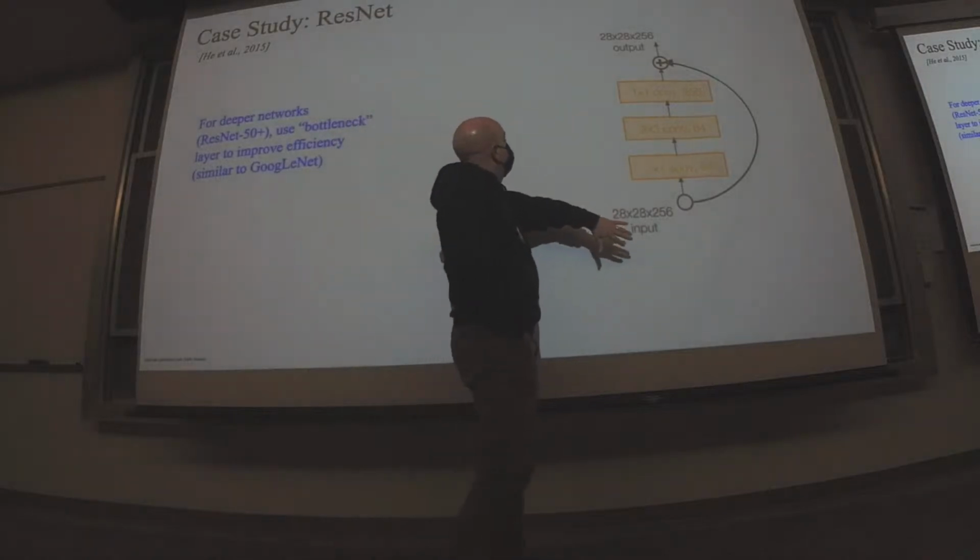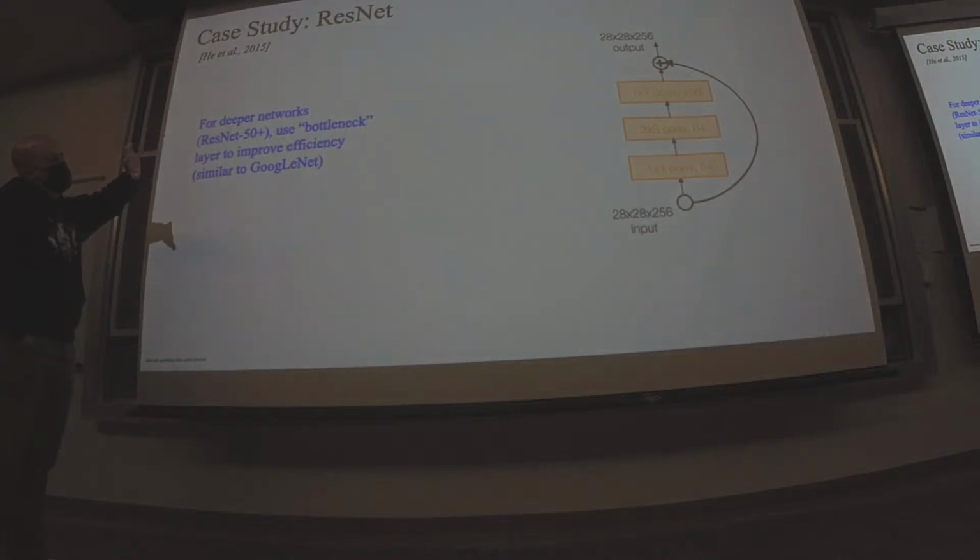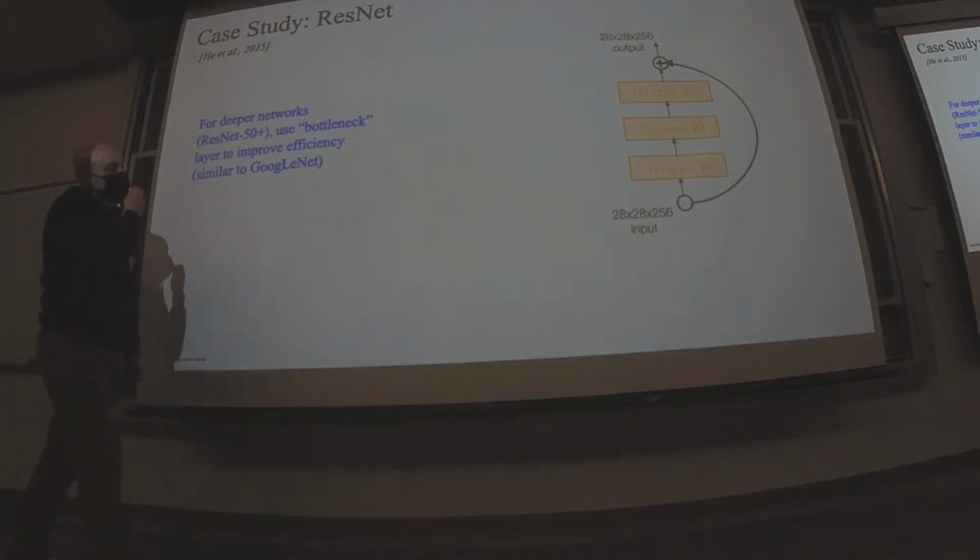When the networks get deeper, 18 and 34 use just the regular blocks, and you'll see this if you look through the code in any model zoo. But when it gets to 50, the blocks turn into these bottleneck blocks.